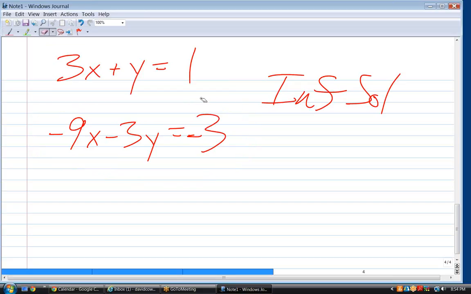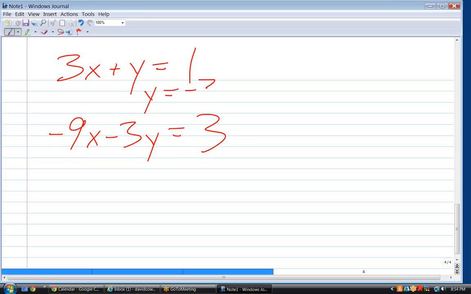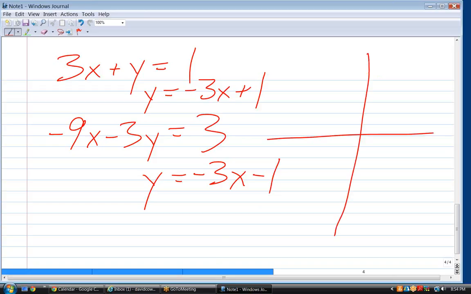And if they said solve it by graphing, so we'll try. In order to graph it, let's put it into y equals mx plus b format. So the first one goes to this. Second one goes to this. Those both have the same slope.